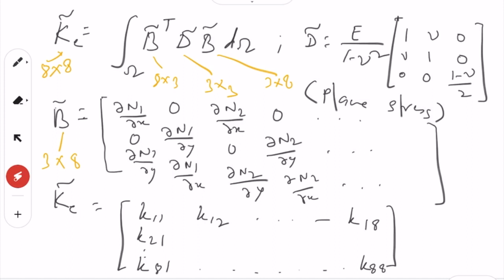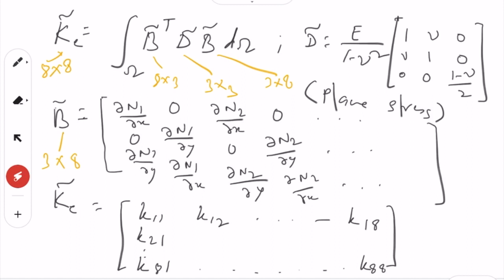So, the 5 by 5 matrix corresponds to the free degrees of freedom. You can do it, but it will take a long time, so it's better for computers.